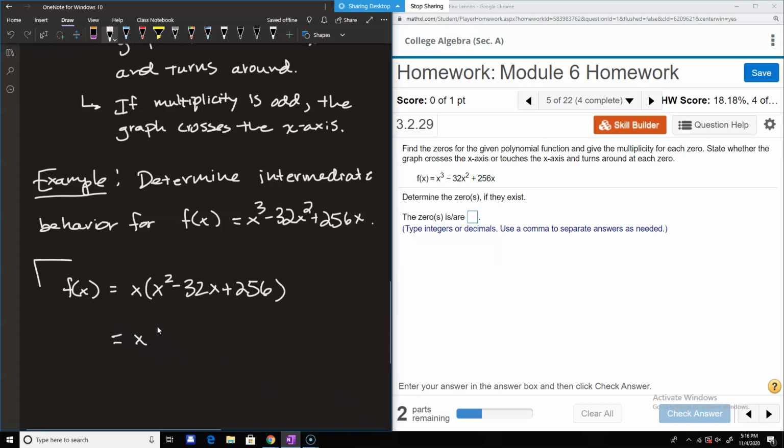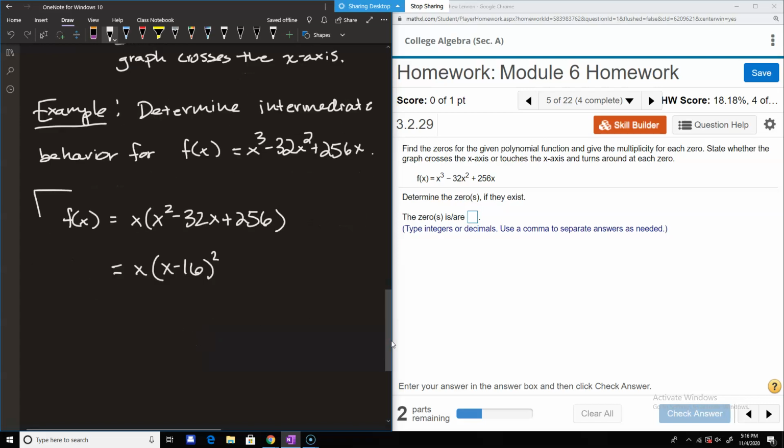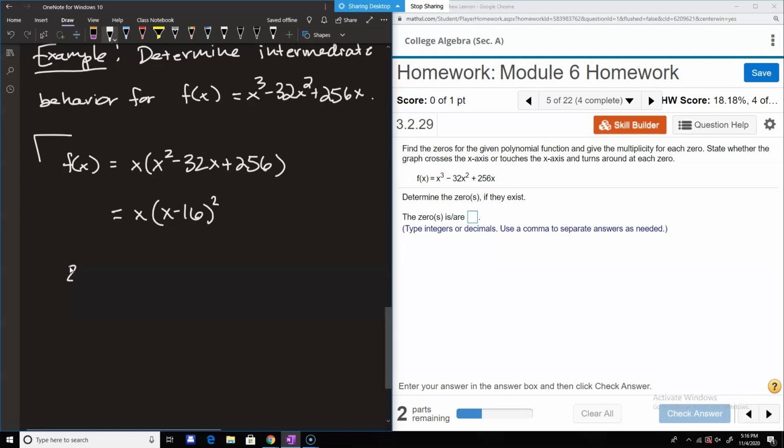This is x, and then we have x minus 16 times x minus 16. So this is x minus 16 squared. So in this case, we have 2 zeros, and we can think of the exponent and then the resulting behavior.